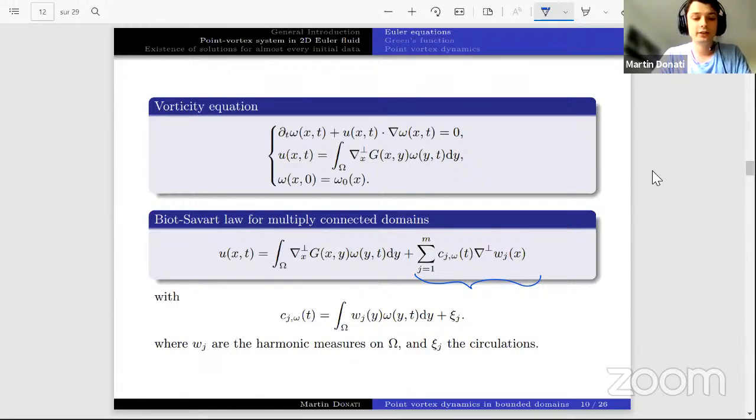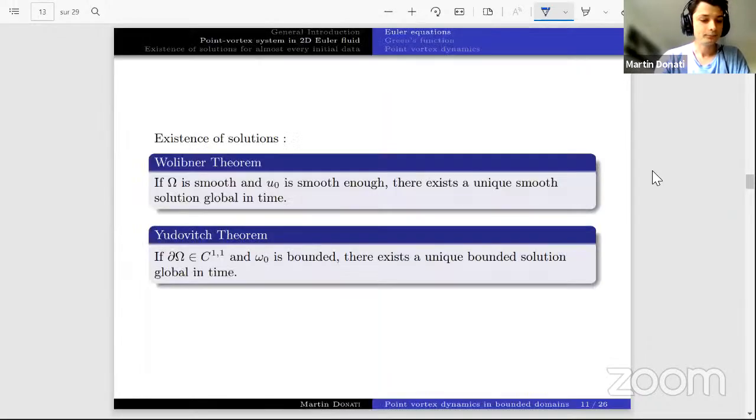So when you have a multiply connected domain, you have to add the circulations as an initial data and this term. However, this term will always be bounded in the context of this study. So as you will see, the fact that it's bounded means that it's actually not very important, at least to understand what happens here.